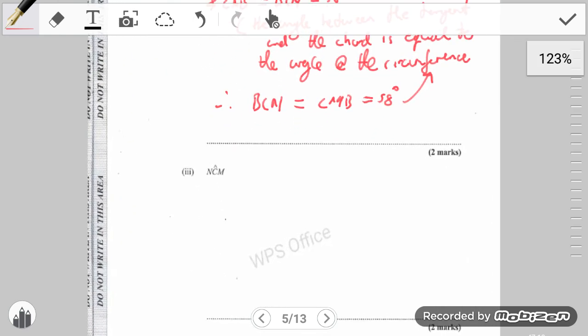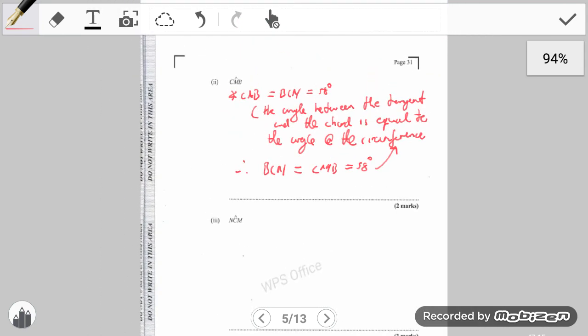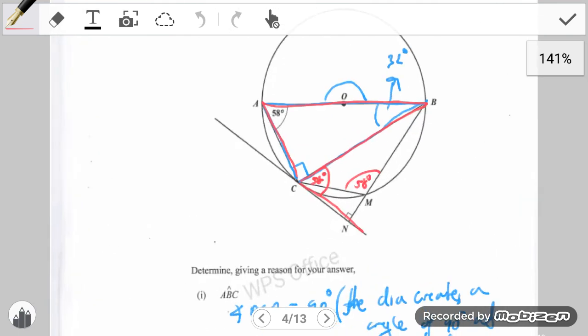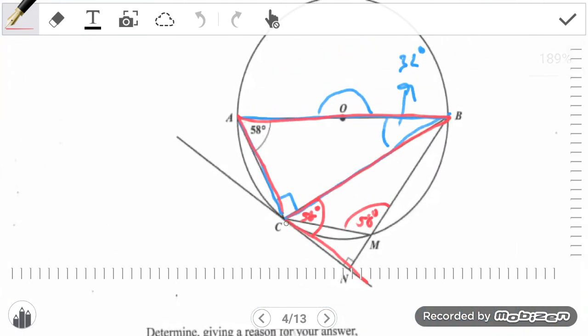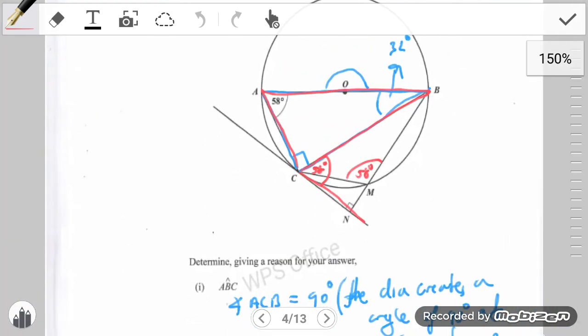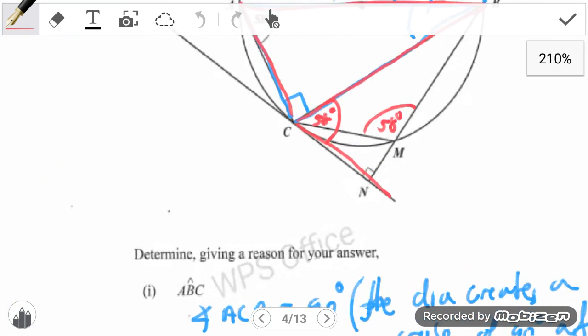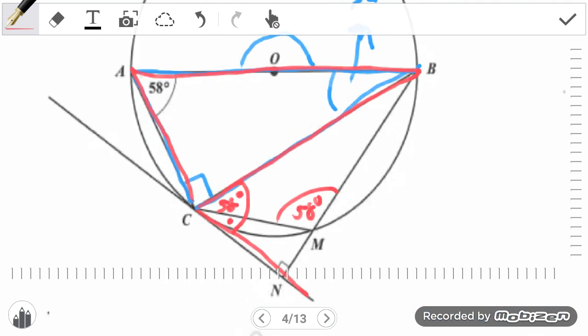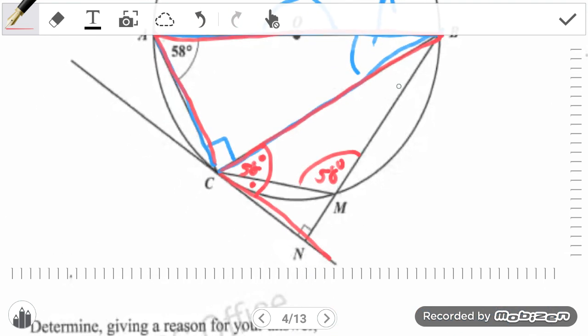And finally, guys, the angle NCM. That's the little piece in here, NCM. Well, here we have this secant NMB, it's a straight line.